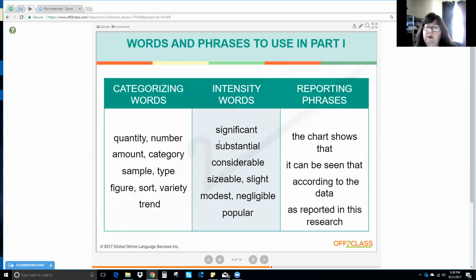Okay. Reporting phrases you could use: the chart shows that, it can be seen that, according to the data, as reported in this research. This is typically how you're going to start your description. This chart shows a comparison between boys and girls.